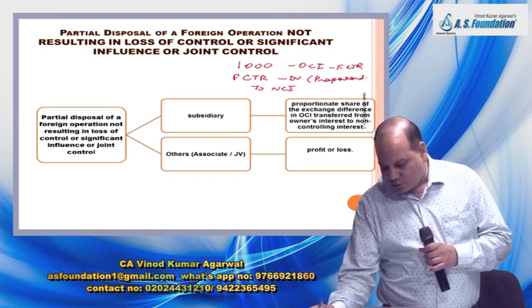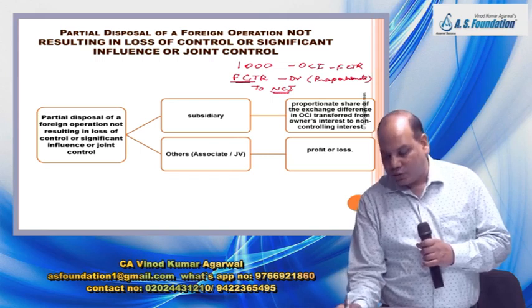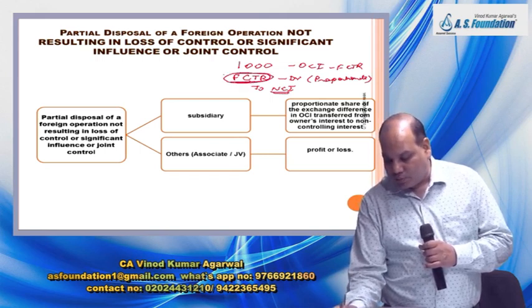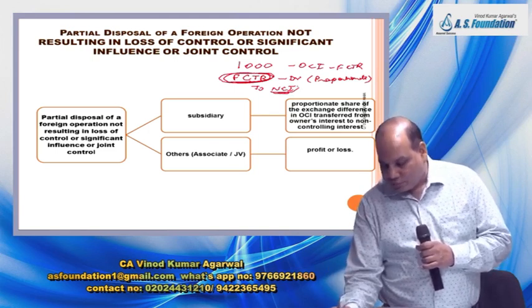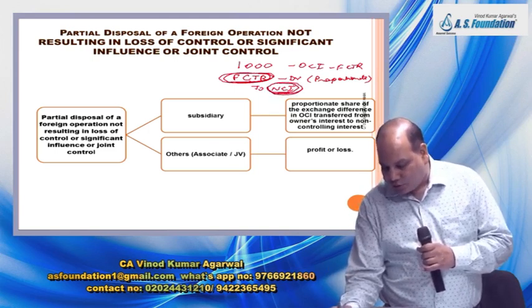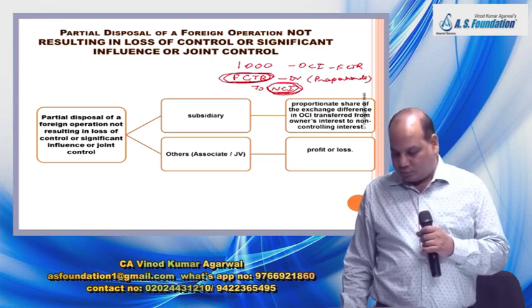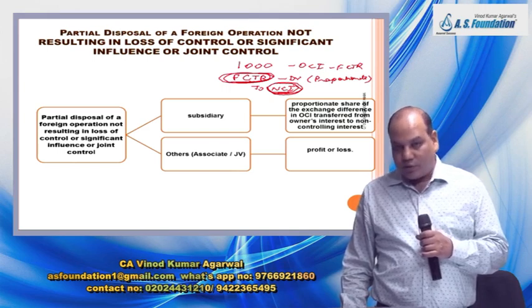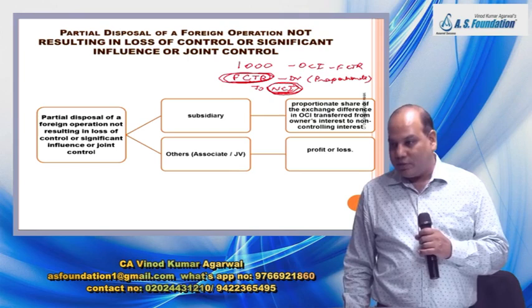So it will be just a movement from FCTR to NCI. The parent company's share in FCTR will proportionately reduce, and the NCI share in that FCTR will proportionately increase. That is when a subsidiary stake is sold but control is still retained.